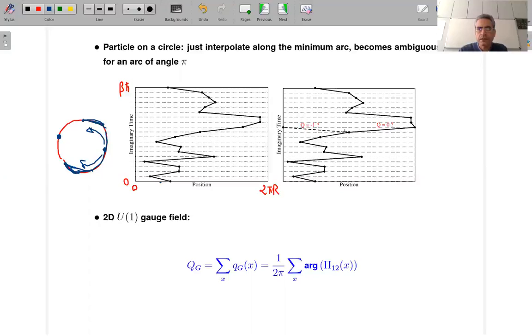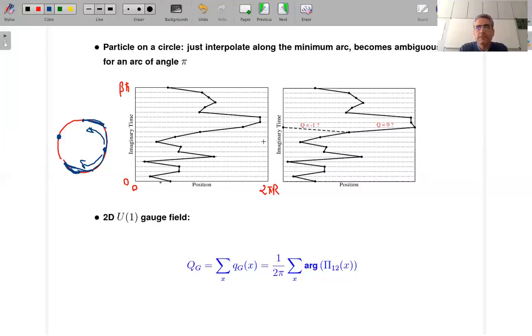I mean, is this path corresponding to 0 topological charge or to -1 topological charge? It depends on the way you interpolate, and if they are on the opposite sides of the circle, there is an ambiguity. So this is the sort of ambiguity that you may have when you have geometric definitions of the topological charge interpolating the discretized field.